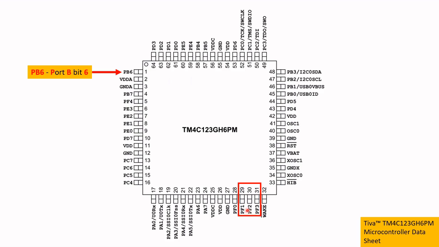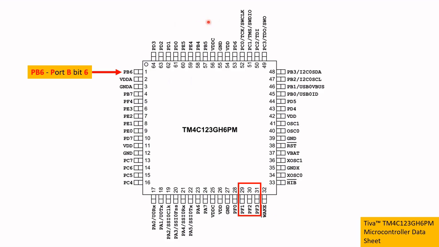Pin 29 is PF1, which is port F bit 1, and pin 30 is port F bit 2, PF2. Then pin 31 is port F bit 3, PF3. So take note of this.